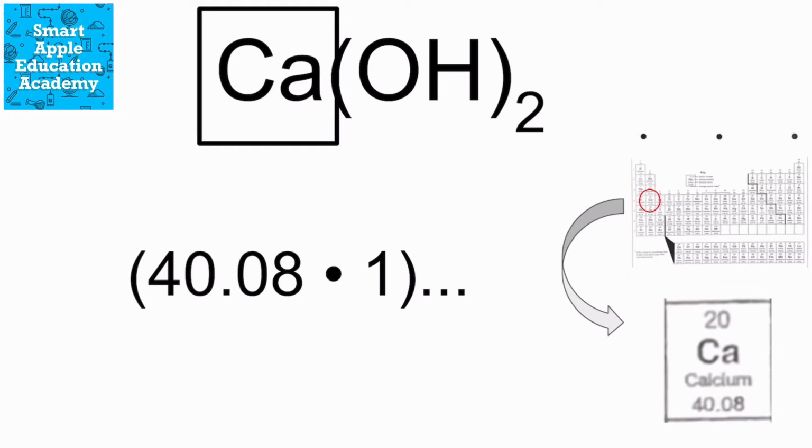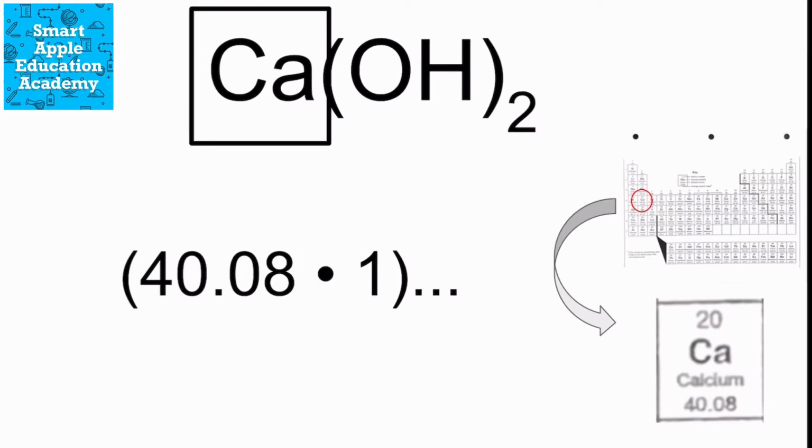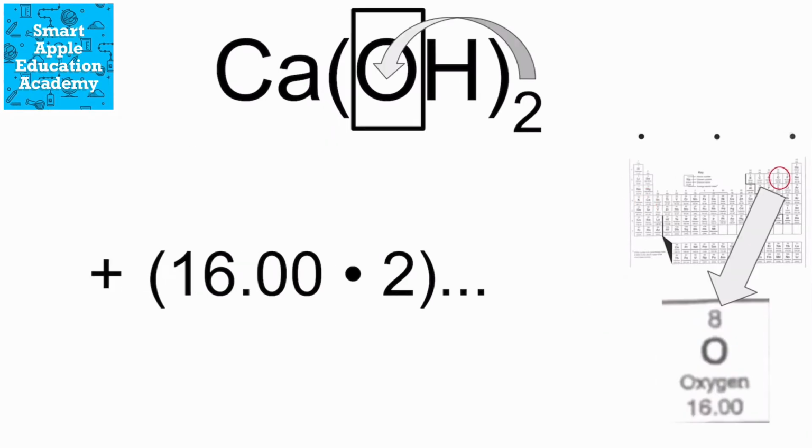So we're going to take 40.08, which is the atomic mass for calcium, and multiply that by 1, which is the subscript for calcium. Even though there is no apparent subscript attached to calcium, we can assume that it is 1. So far we have 40.08 times 1 in parentheses, and we have more to do, which is why I put that ellipsis there.